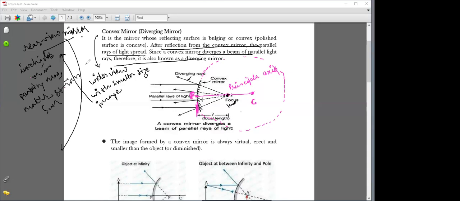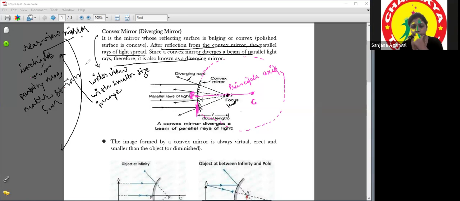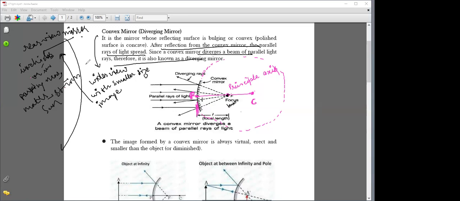Ma'am, can you repeat the second point, like smaller size image? Then what you wrote? That's why they are used as rear view mirrors. Okay. Ma'am, like after a smaller size image, what is that?